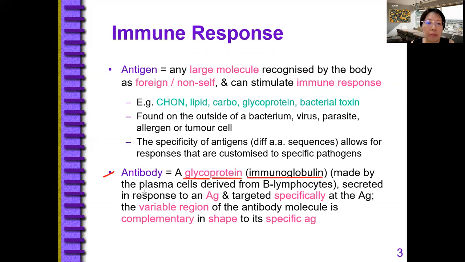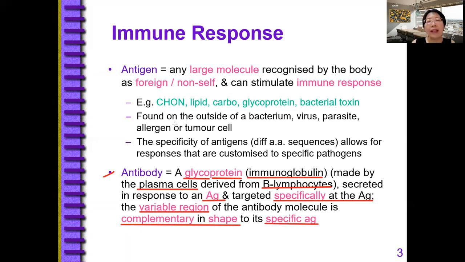They are made by plasma cells, which are derived from the B-lymphocytes, and they are secreted in response to the foreign or non-self antigen. Therefore, they are specifically targeted towards that particular foreign or non-self antigen only. Why is it specific? Because the antibody has a variable region which is complementary to the shape of the specific antigen. So this is the definition of antibody.